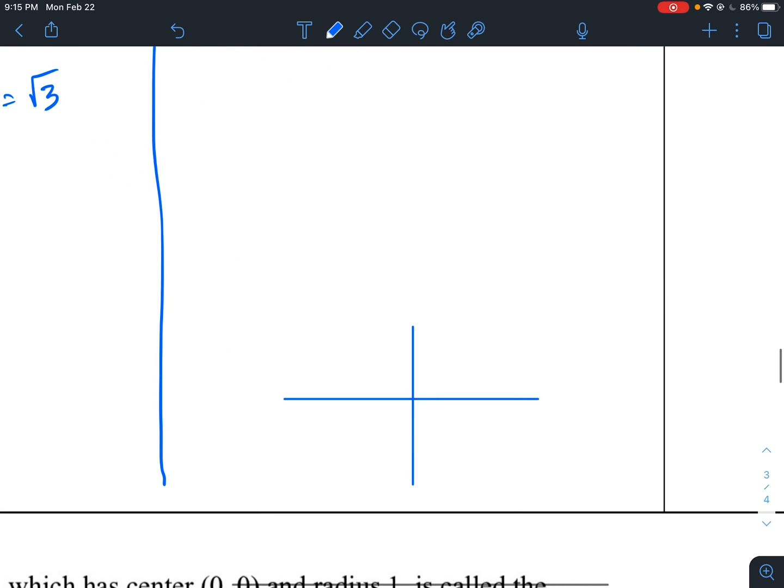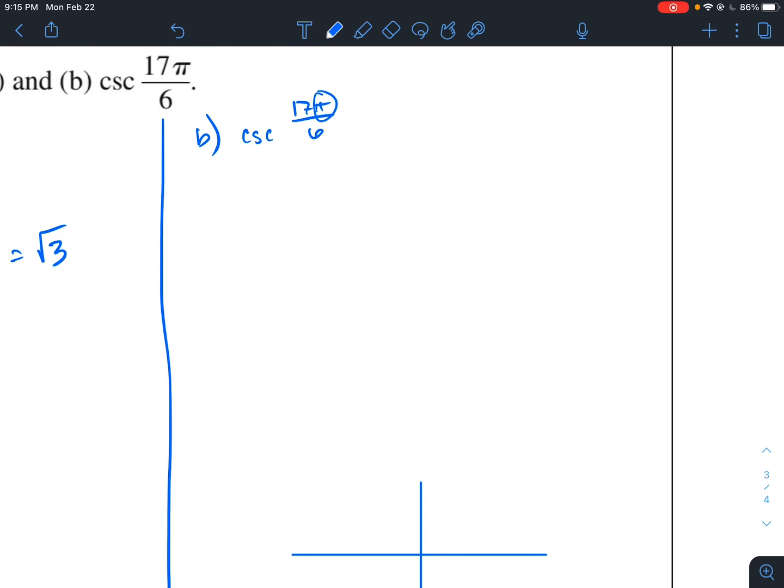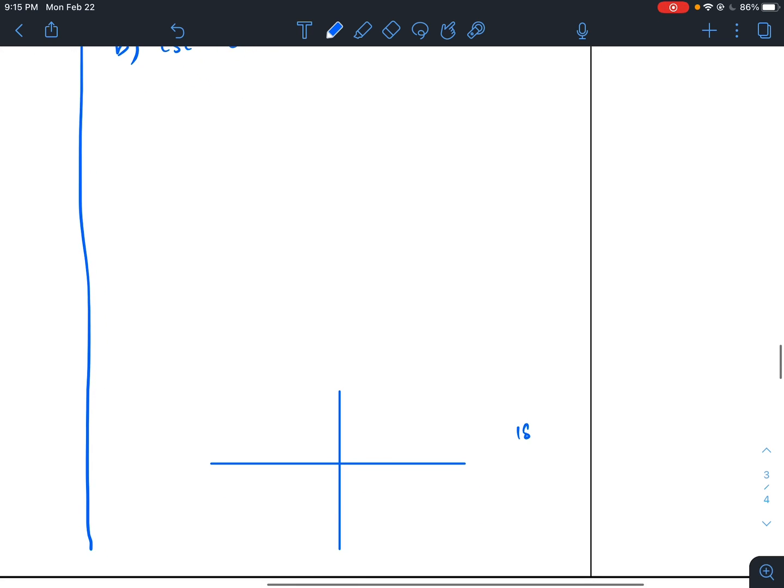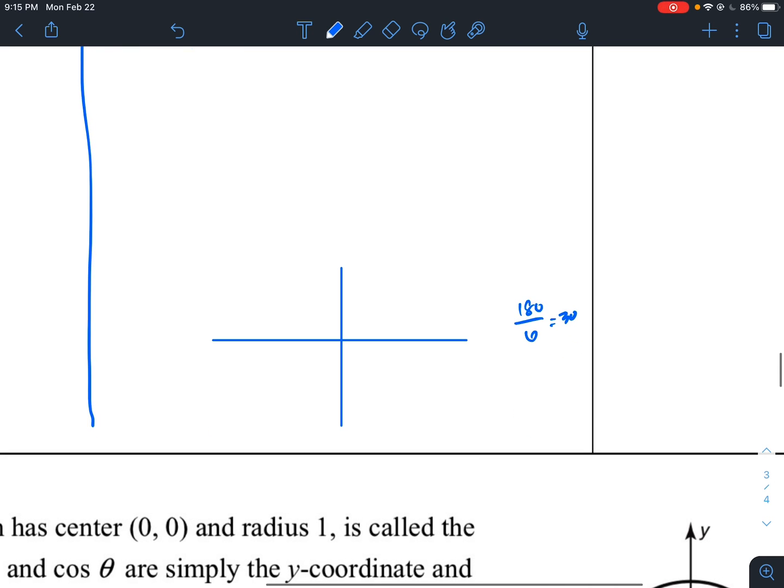Okay, so here I know that my pi is being split into 6 parts, which means 180 is being split into 6. So 180 divided by 6 is equivalent to 30 degrees. Okay. So once I split this up into 6 portions, so here's 1, here's 2, 3, 4, 5, and 6.